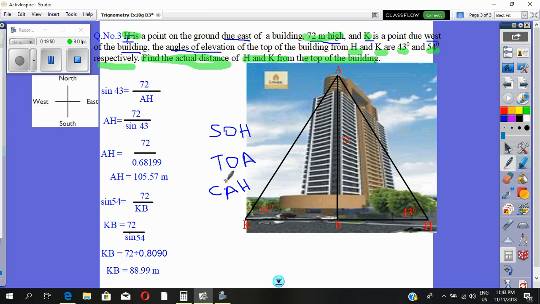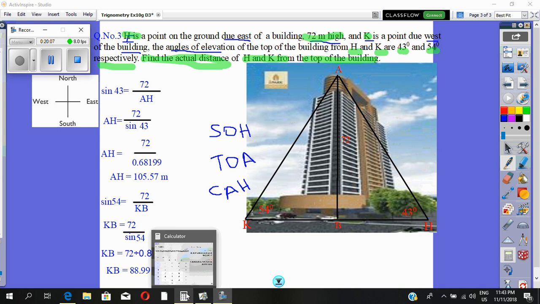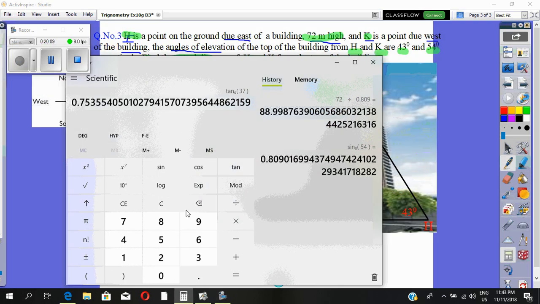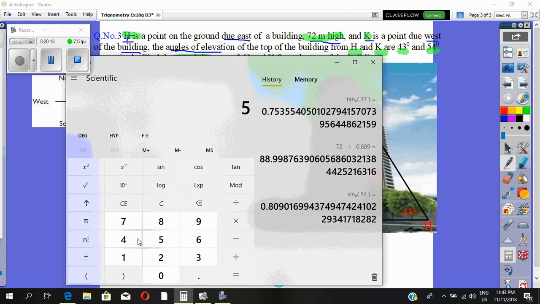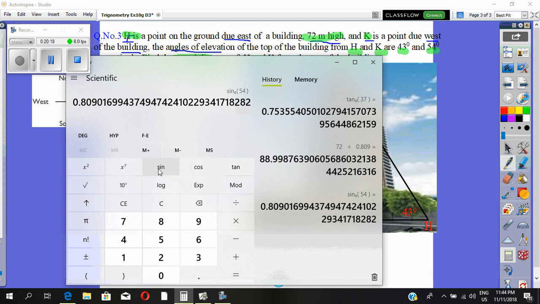So for K, to be specific, using sine theta, KA equals 72 upon sine 54, and sine 54 we get 0.8090.